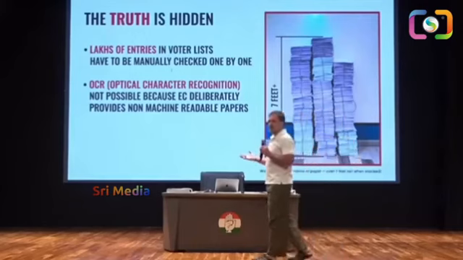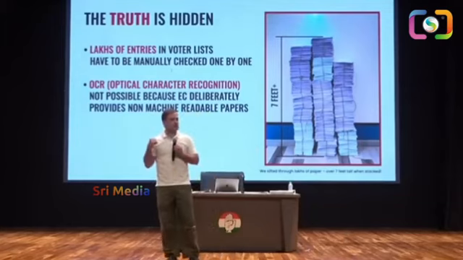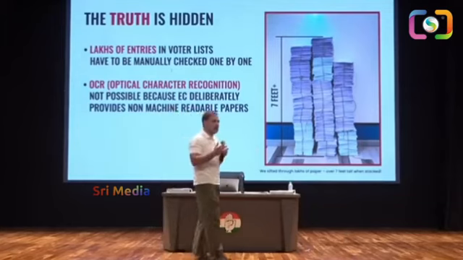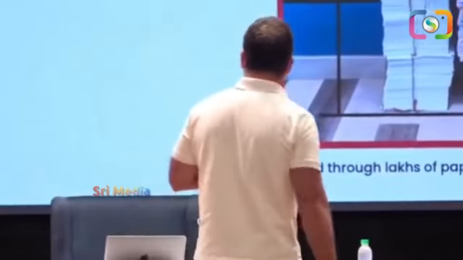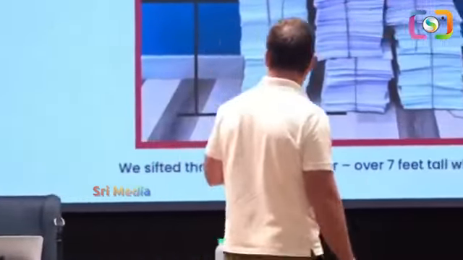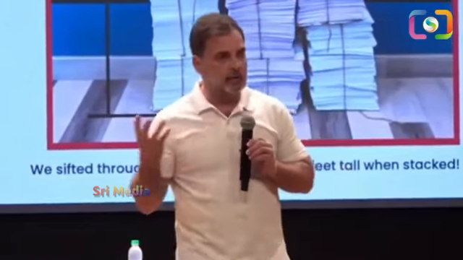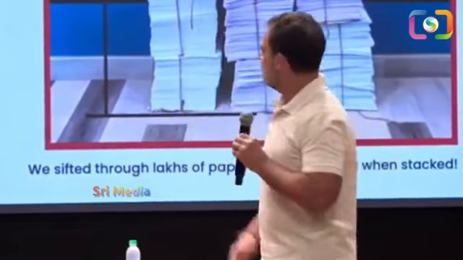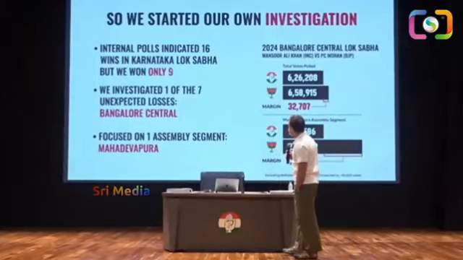Why? Why is the Election Commission protecting these pieces of paper? Okay, you don't want to give a soft copy, but why are you protecting these? Right? And the EC deliberately provides non-machine readable papers. This was another thing that when we discovered it, we were like, this is strange.